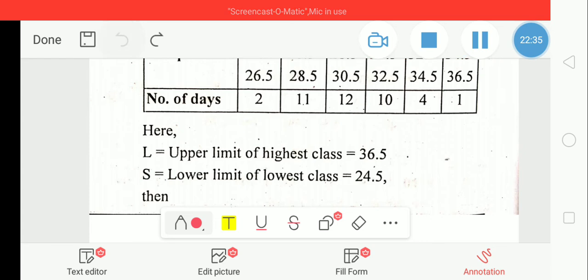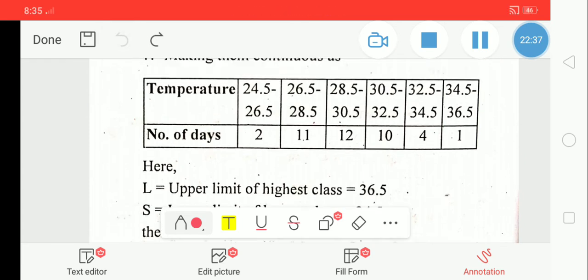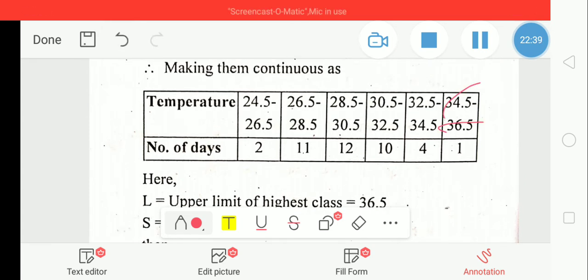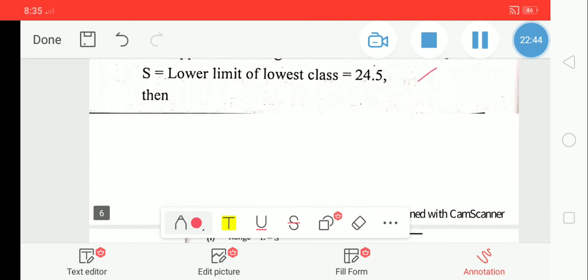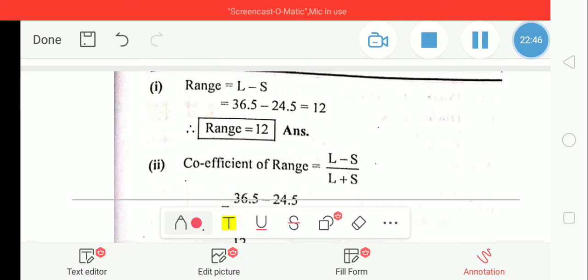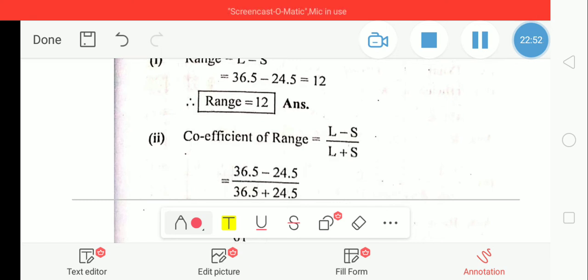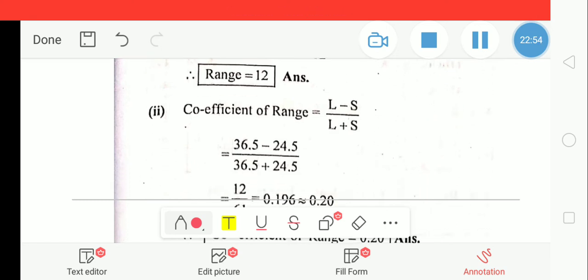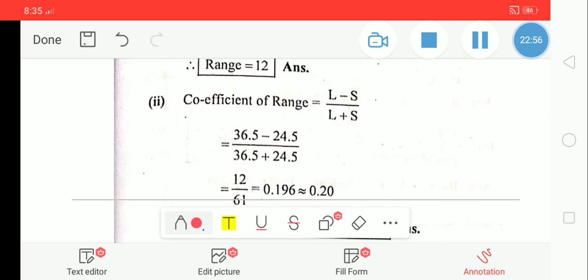Now this is also grouped data. So L is the upper limit of the highest class, that is 36.5, and S is the lowest, 24.5. Range is equal to L minus S, that is 36.5 minus 24.5, which is 12. The coefficient of range is L minus S divided by L plus S, that is 36.5 minus 24.5 divided by 36.5 plus 24.5.